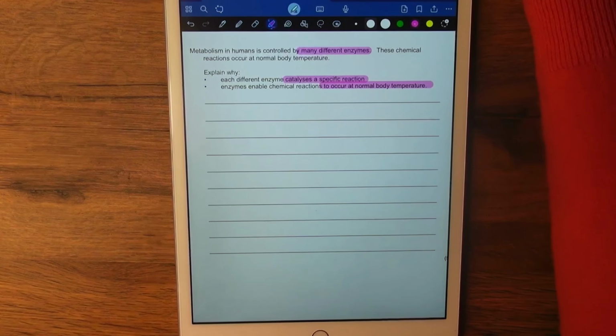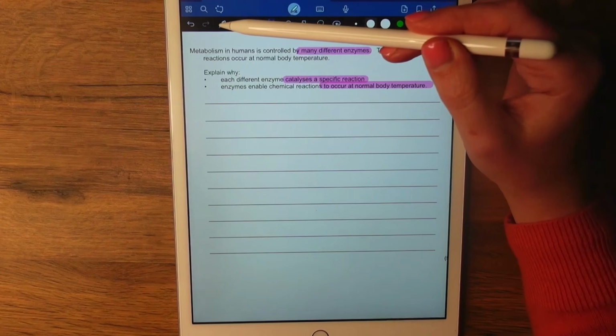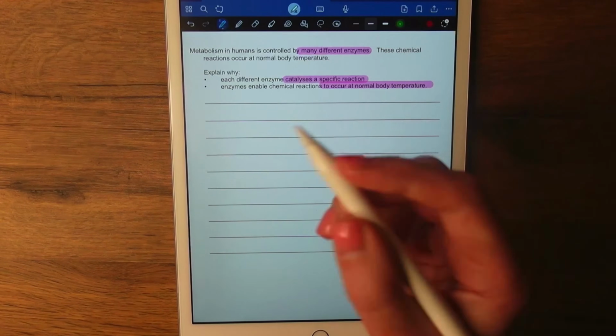So let's see. First we'll address why it catalyzes a particular reaction.